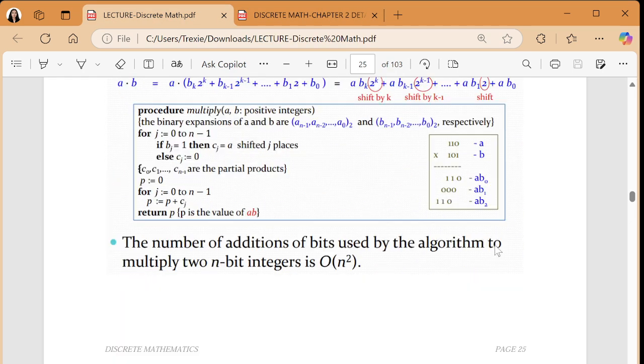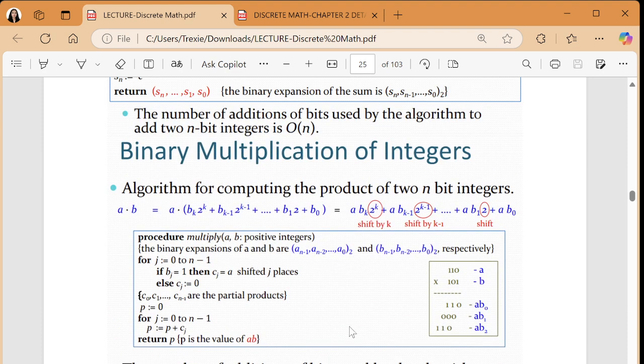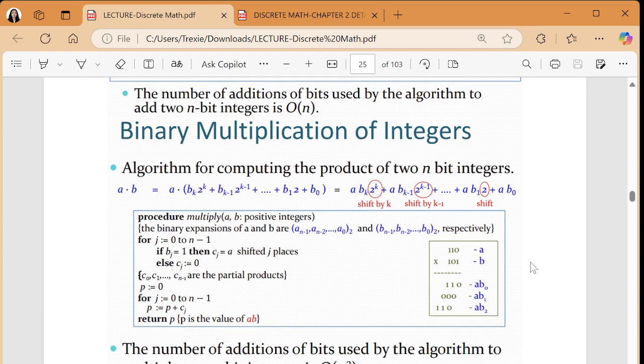For chapter 2, I'm planning to just include binary, octal, and hexadecimal multiplication, subtraction, addition, and conversion as part of your quiz 2.